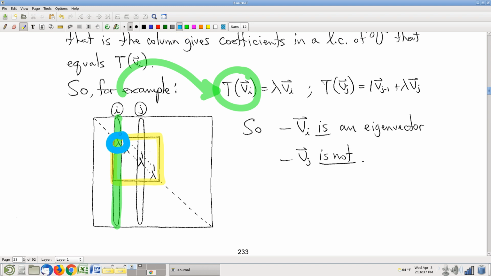And so that lambda there in the ith position means that the output vector is lambda times v_i. That's straight out of section 5.3, just interpreting a column. A column tells you about the image of the corresponding input basis vector in the language of the output basis. Is everybody on board? Everybody with me so far?